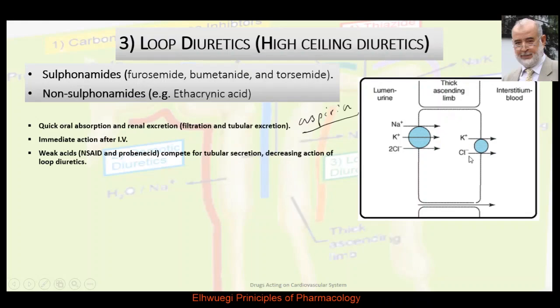Potassium and chloride will be transported through the basolateral membrane into the general circulation by another co-transporter known as the potassium chloride co-transporter. This is specific for transporting potassium and chloride from inside the cell to the general circulation.